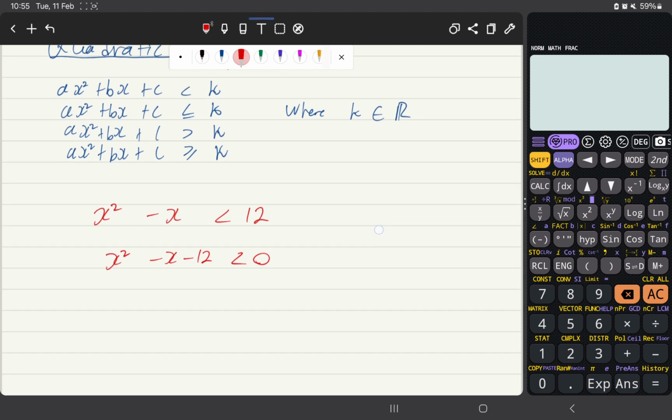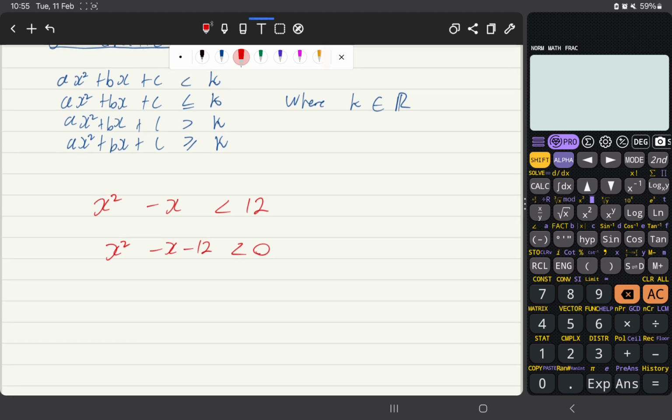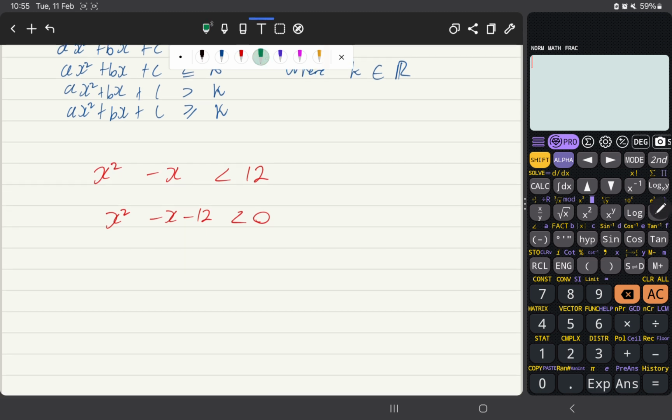So if you have a problem like this, the next thing you can do is say we take this inequality sign and we make it equals to, and we try to factorize that. Factorizing the whole expression on the left, that will be x minus 4 x plus 3.